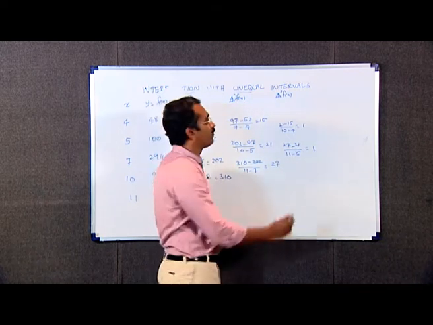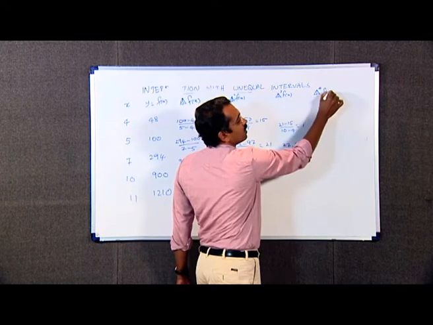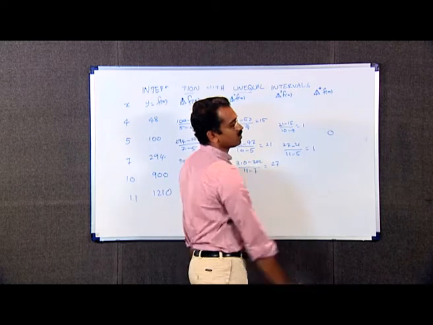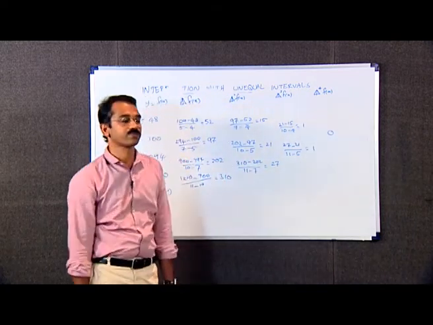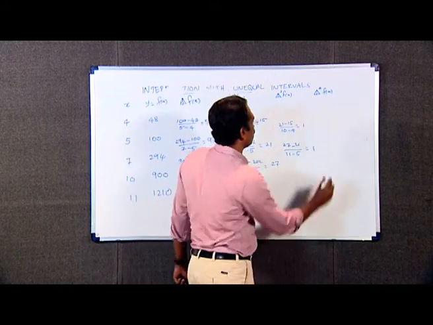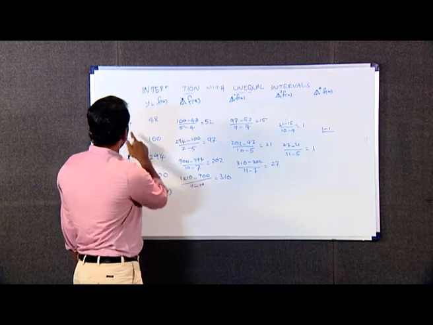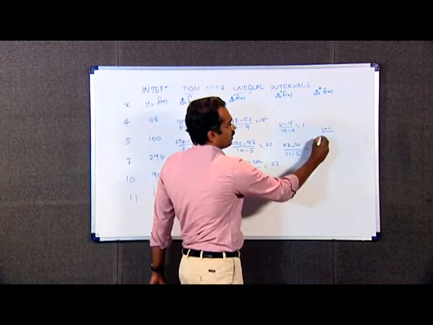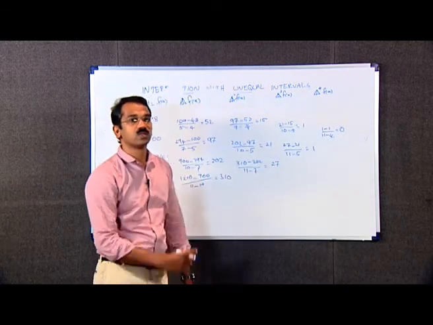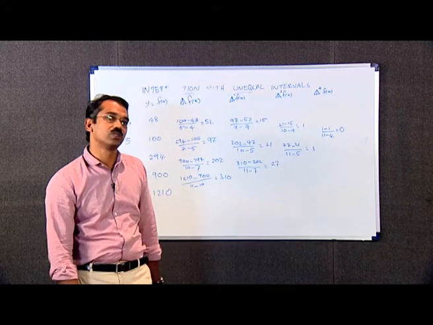And the fourth order divided difference, divided delta raised to 4 f of x, is 1 minus 1 divided by 11 minus 4, that is equal to 0. This is the divided difference table corresponding to the given data.